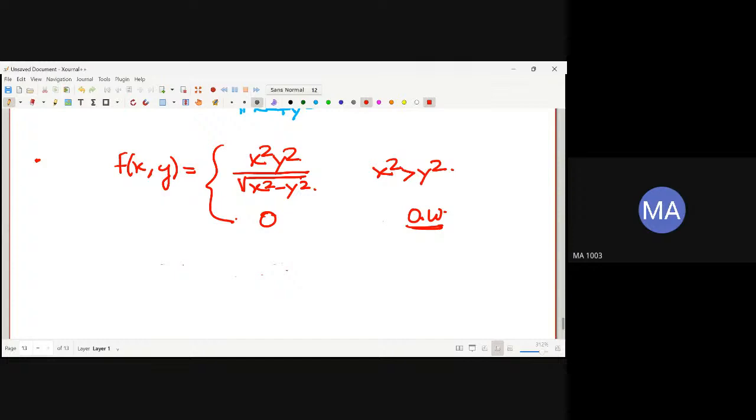So if I consider a point where a square is strictly less than b square, in that case the limit exists.